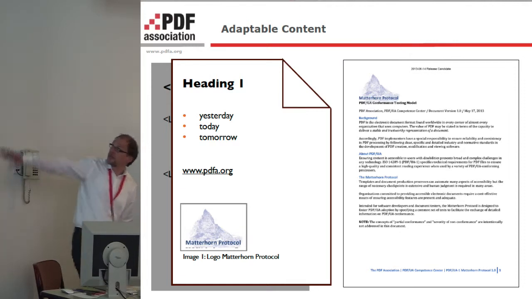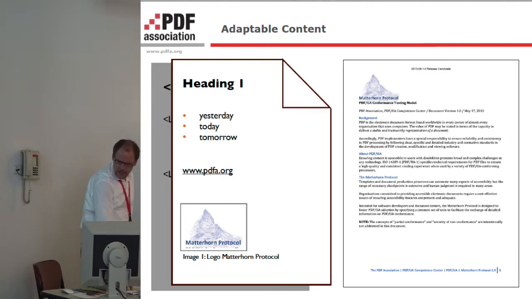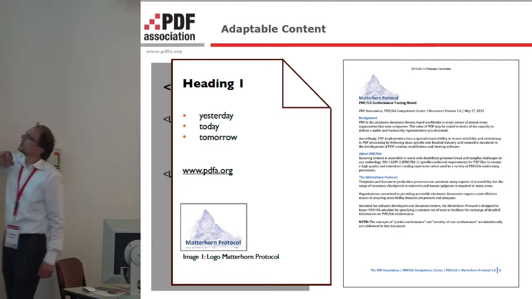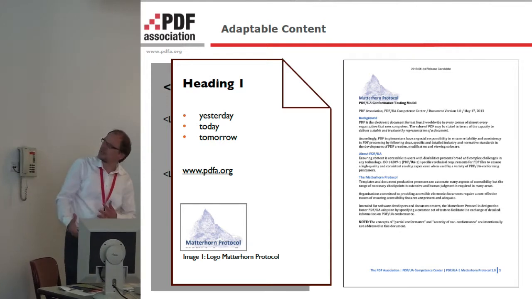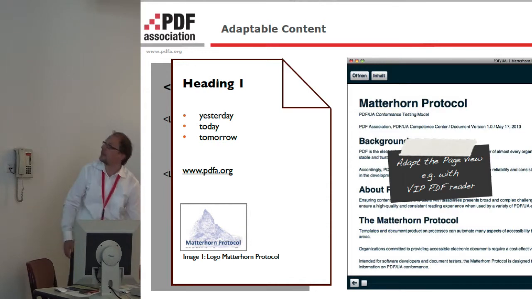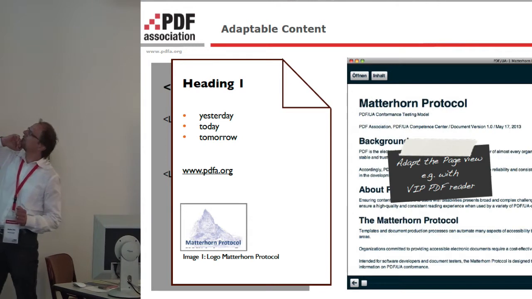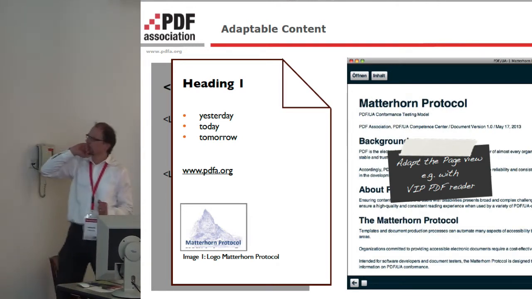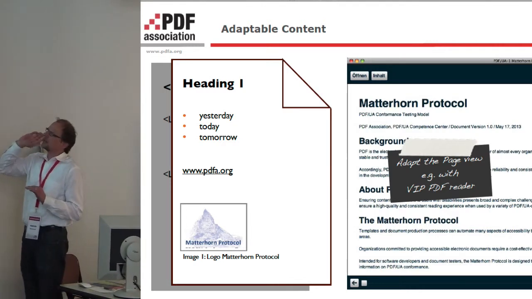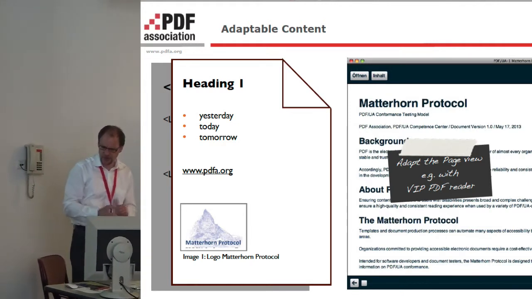One example, I have here an article about the Matterhorn protocol as an example, and this is the presentation layer. And you do not see the structure layer, but if there is a structure layer, you can adapt your content. Here we used the VIP PDF reader, so you can use high contrast mode, you can change the font, you can change background color, font color, and so on.